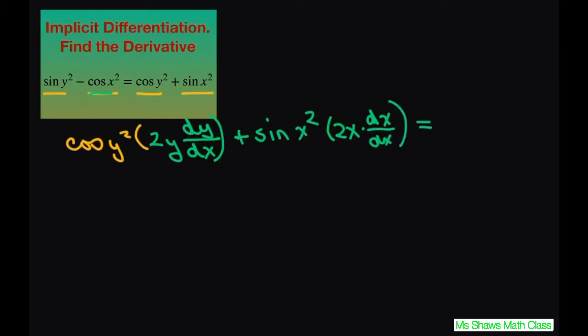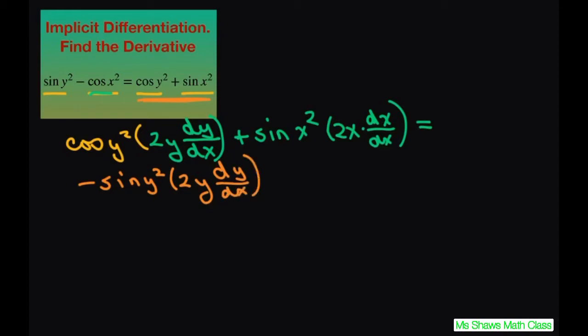All right, this equals, now we're going to do this right-hand side, so we have derivative of cosine y is negative sine y squared. Whoops, got too many y's here. Y squared times derivative of y squared is 2y. Since it's y, it's times derivative of y with respect to x.